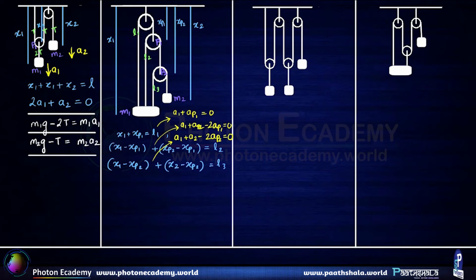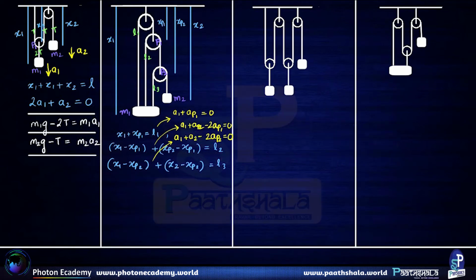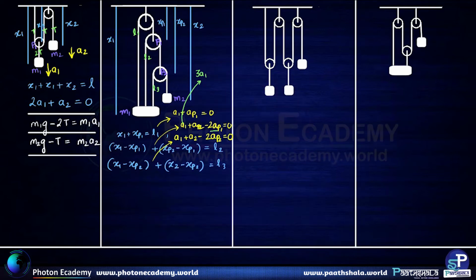If we substitute that in the second equation, then we get 3 times a1 plus ap2 equal to 0, because the minus 2 ap1 term will become 2 times a1.